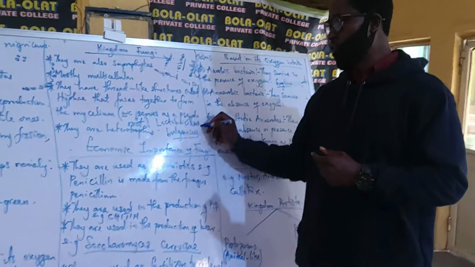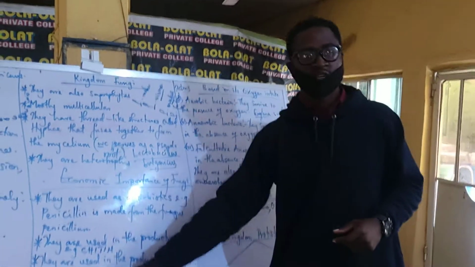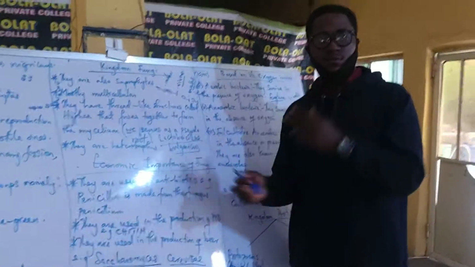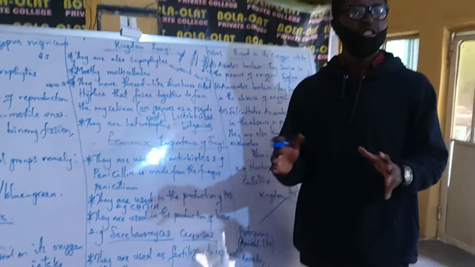Now from today, just be looking at the pack of your yogurt. If you don't see Saccharomyces cerevisiae there, you will see Lactobacillus bulgaricus. So this is a bacterium, while this is a fungus. They can be interchangeably used in the production of beer.